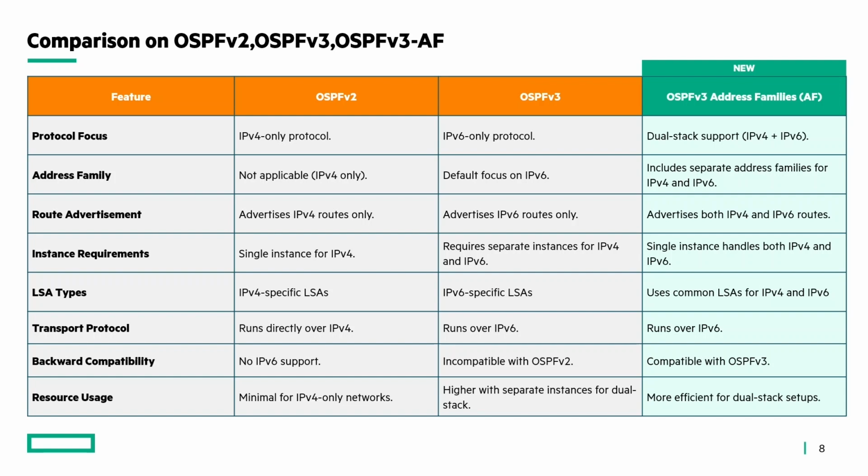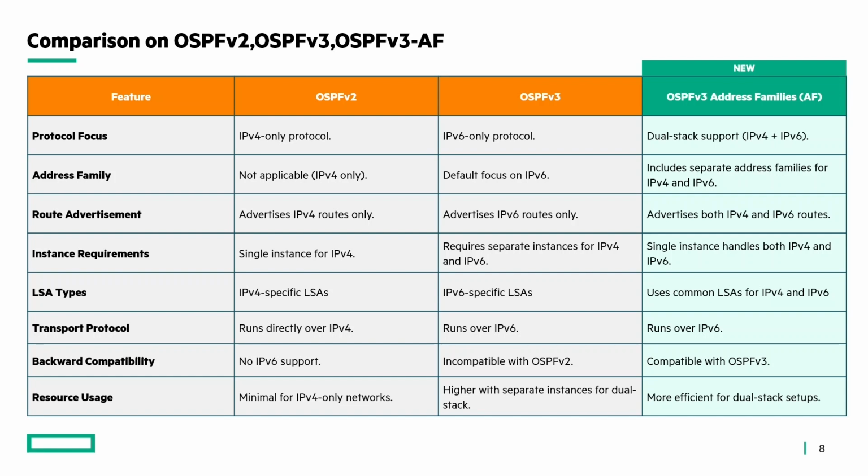OSPF v3 requires separate instances for IPv4 and IPv6, whereas address families have the advantage of a single instance that handles both IPv4 and IPv6. The next is the LSA types, which is pretty straightforward as you can see in this table. So is the transport protocol as well.